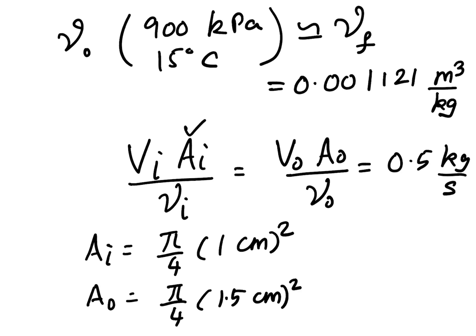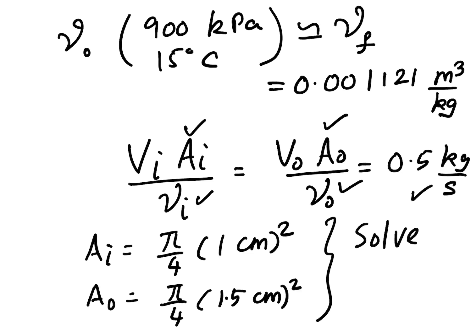So what do we know here? We know the cross-section area of the inlet and outlet. We just determined the specific volumes from the tables. We know the mass flow rate. So by equating each of the inlet and outlet flow rate to 0.5 kilogram per second, you may solve for Vi and Vo. The exact numerical values are left for you as an exercise, and we will discuss that during lecture.